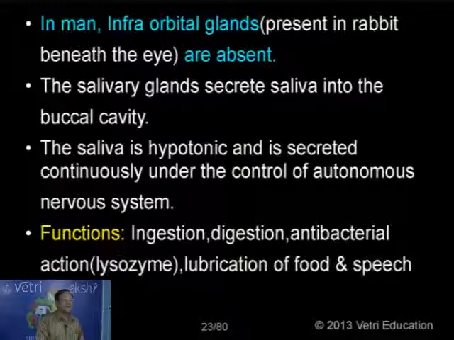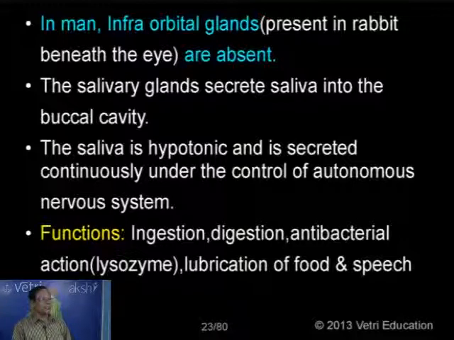The salivary secretion is mainly under reflex activity, an example of reflex action. On seeing or smelling food, we can secrete saliva involuntarily. That is why the secretion of saliva is a reflex activity under the control of the autonomic nervous system.